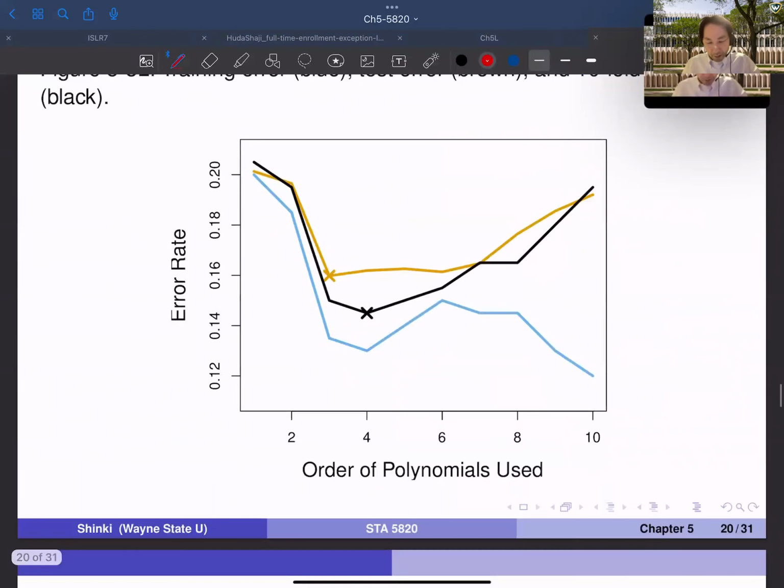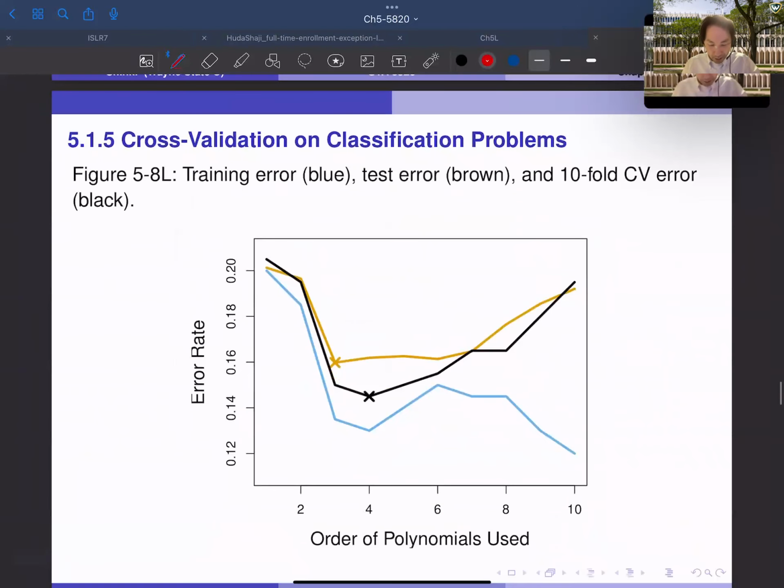Then you can evaluate the cross-validated error, and that is here. This is just the training and test approach, the validation approach, and this is the tenfold cross-validated error.